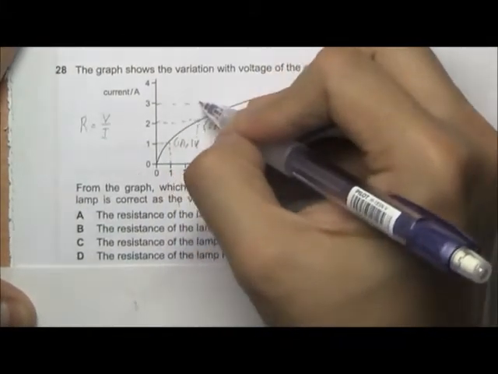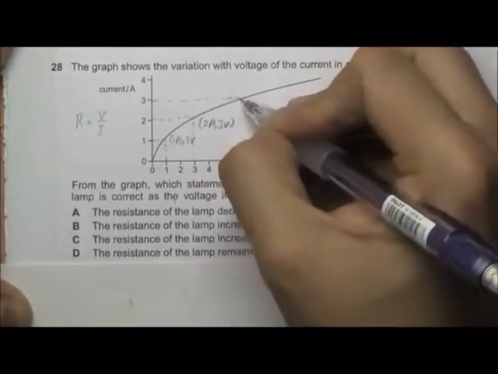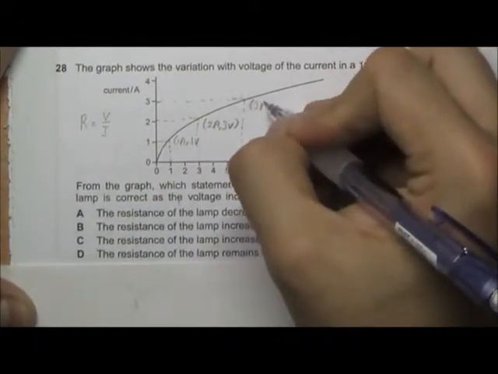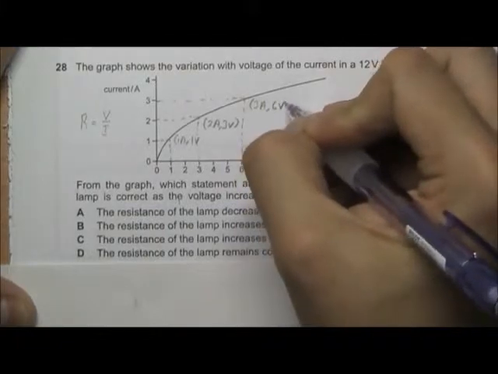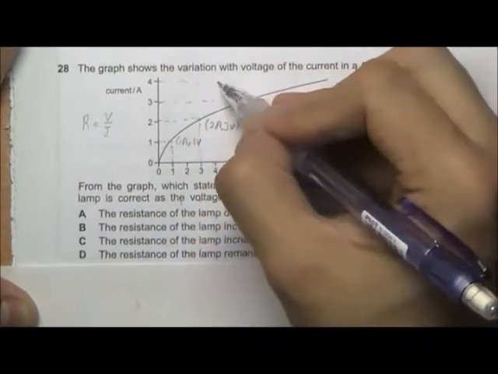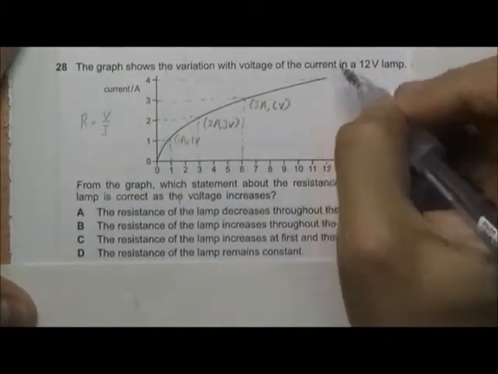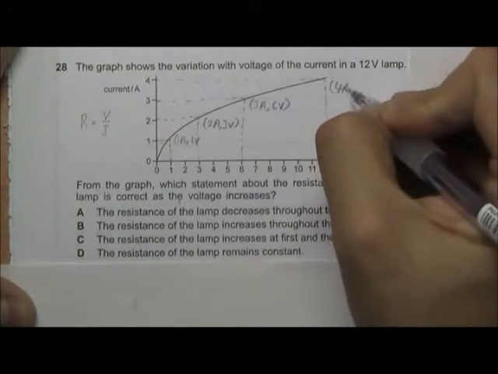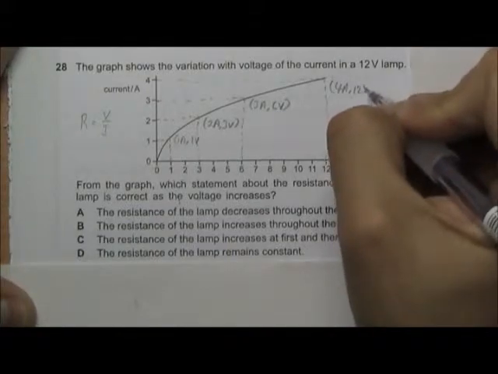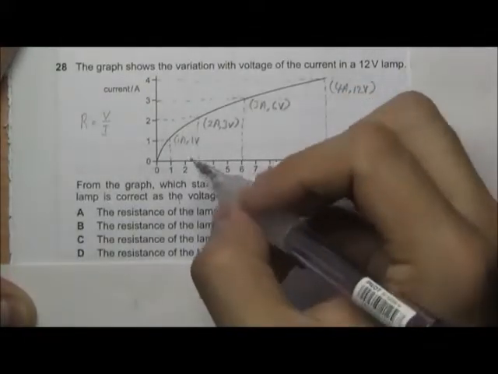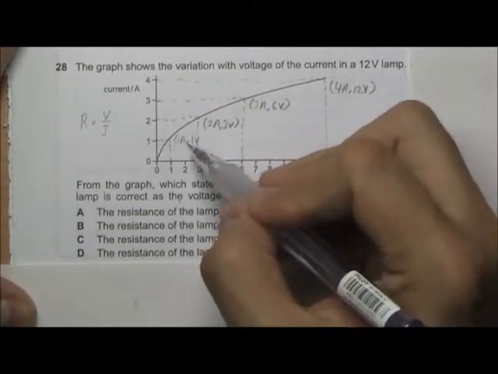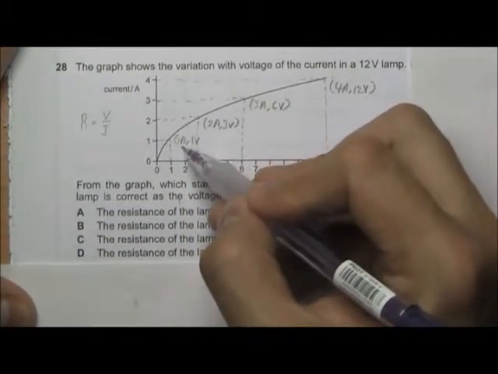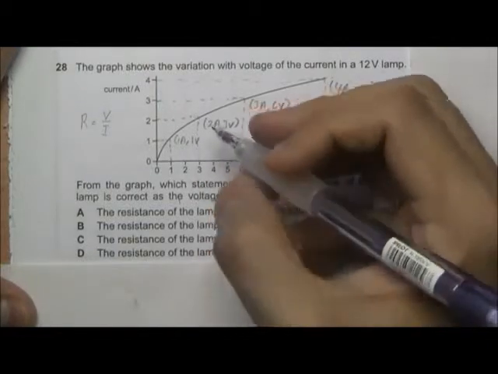When it's about 3 ampere, the voltage is about 6 volt. 3 ampere, 6 volt. 4 ampere, it is about 12 volt.